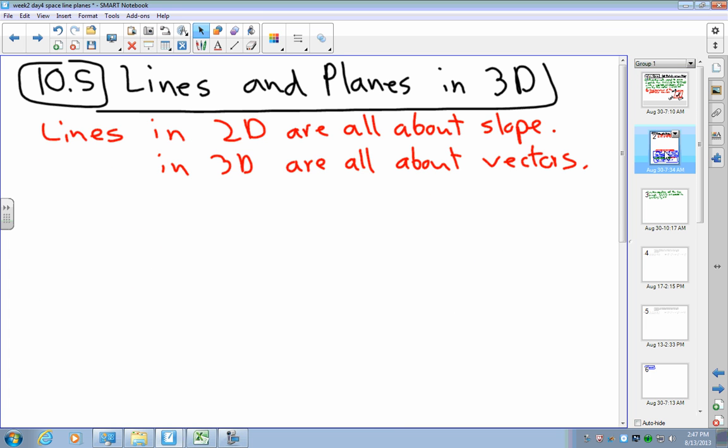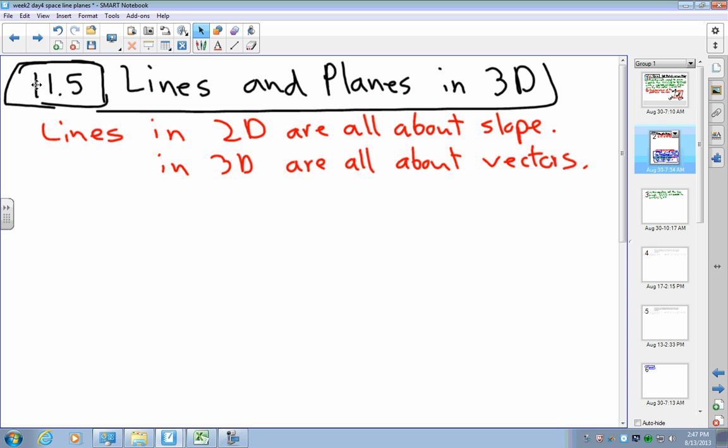So as I mentioned earlier, we're doing not 10.5, we're actually doing 11.5. 10.5 was the old book from last year. So 11.5, lines and planes in 3D. In geometry, a couple years ago for you guys, lines in 2D were all about slope, but in 3D, it's all about vectors. Slope gives you a rise over a run.